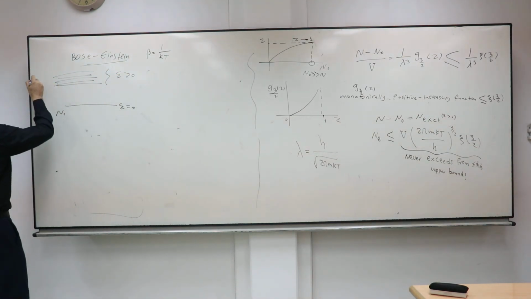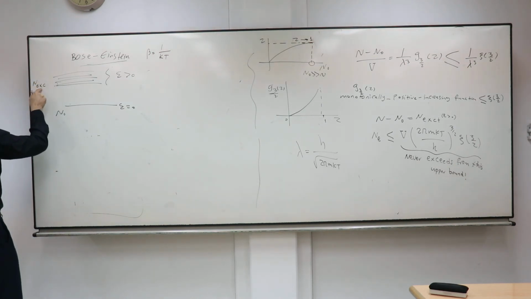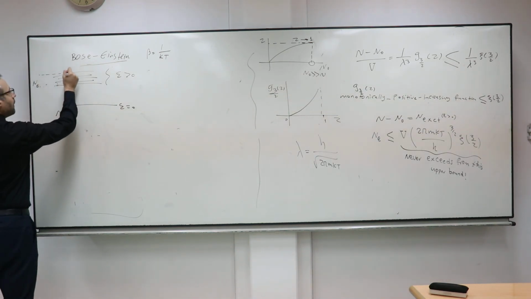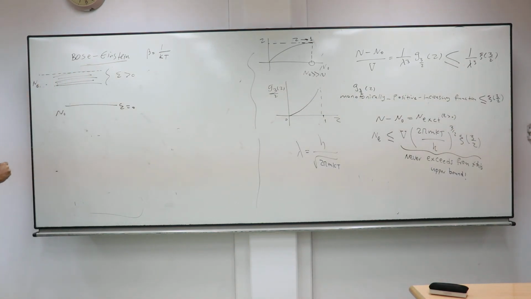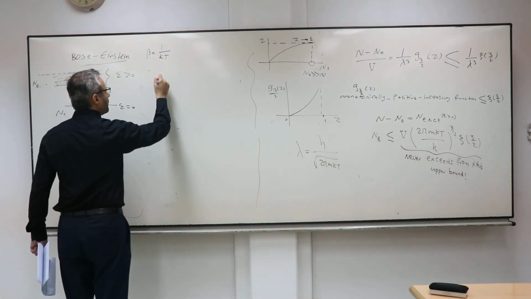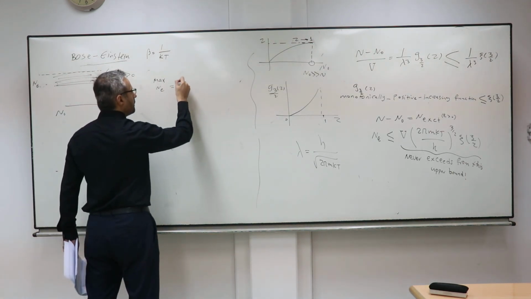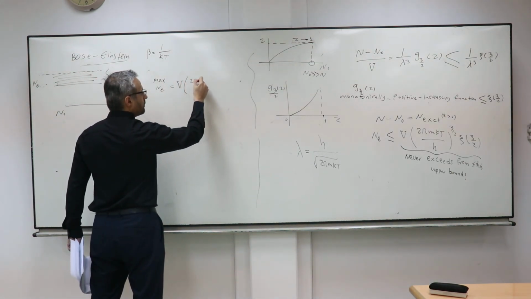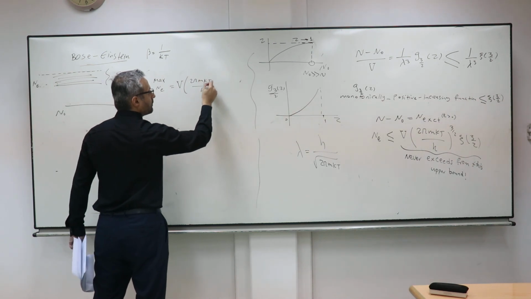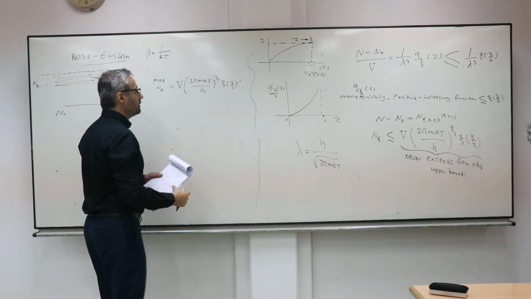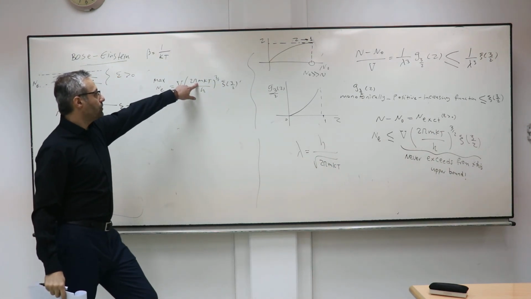The total number of particles here is N excited, and they cannot go beyond this bound. What is the maximum N excited? The maximum N excited is when this is equal. What is this number? I don't know. You need to do the math for the boson temperature.